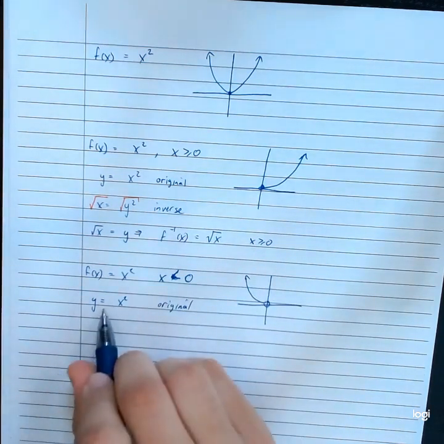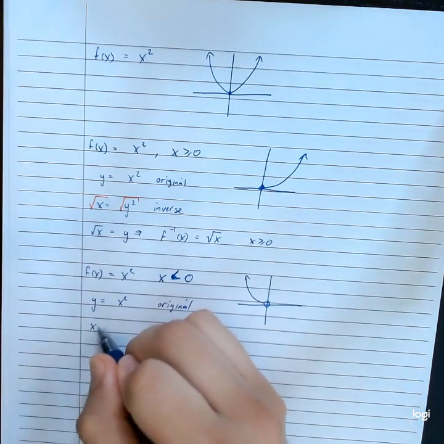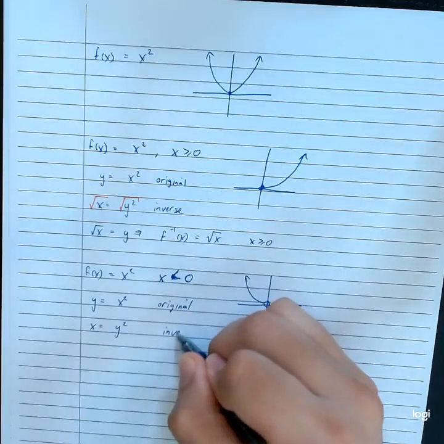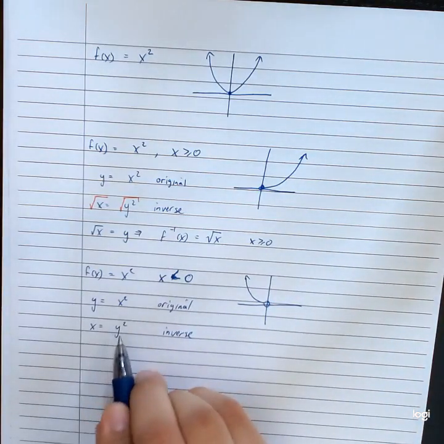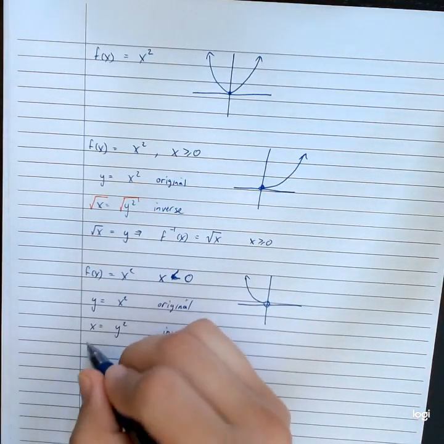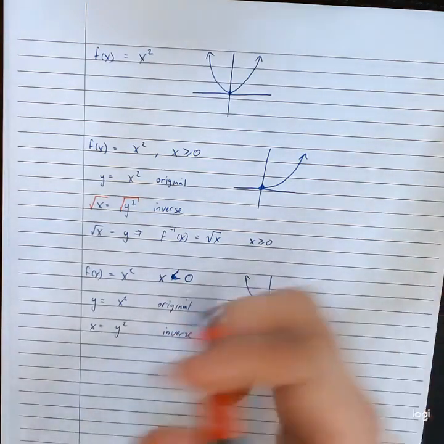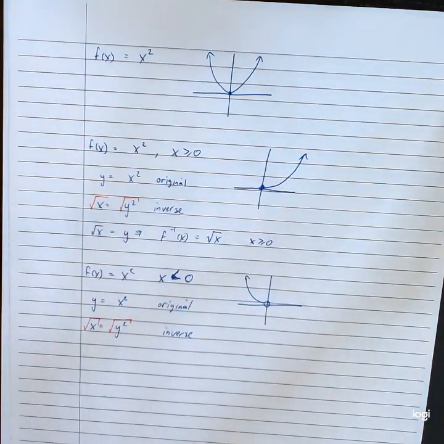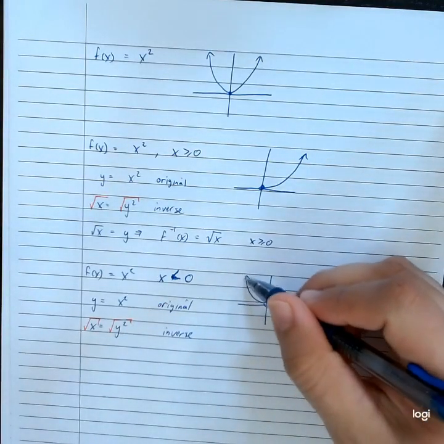But now my inverse would be x equals y squared. I can now isolate my y, and that's going to give me the square root of both sides. Just like that. But notice here, this should be a negative.